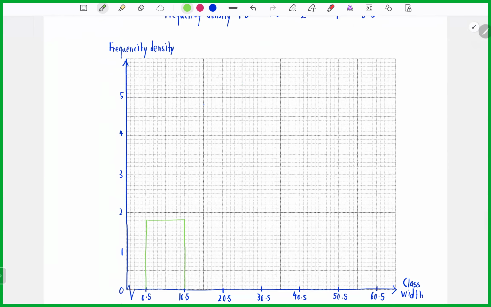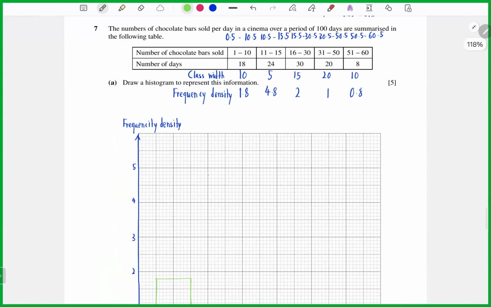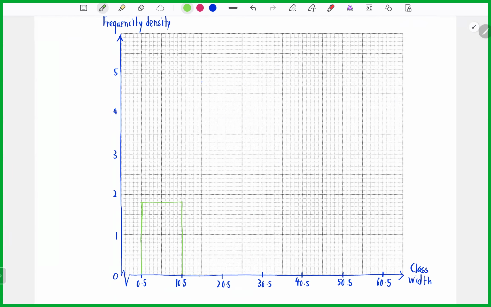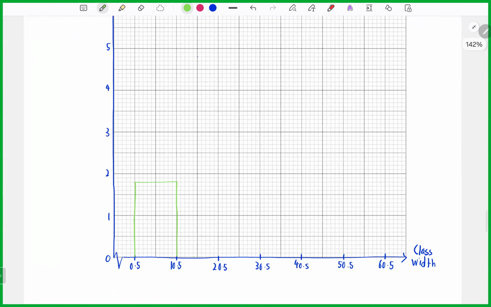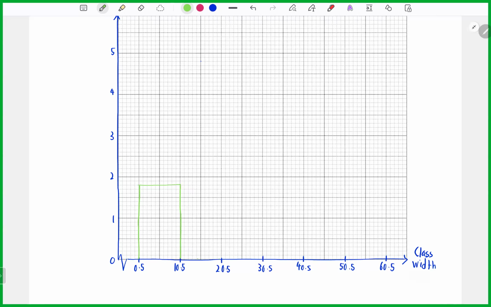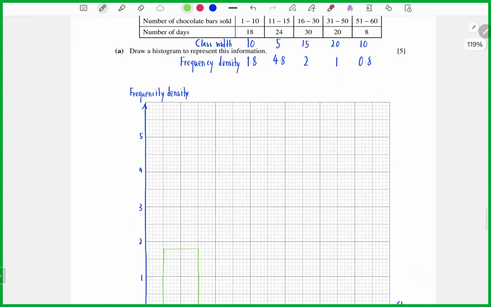And then 10.5 until 15.5, 15 is here. So it's until 4.8.